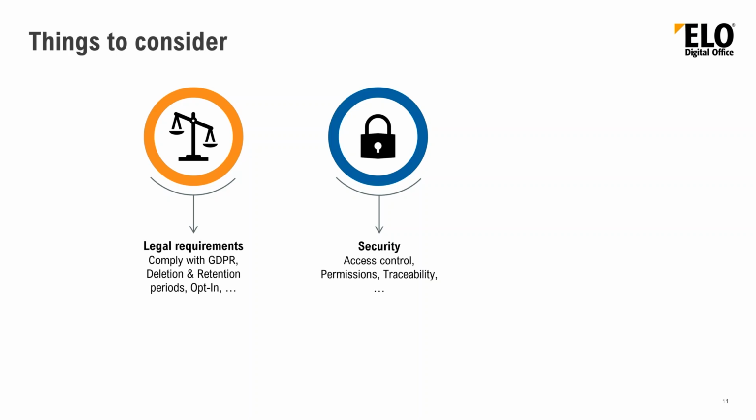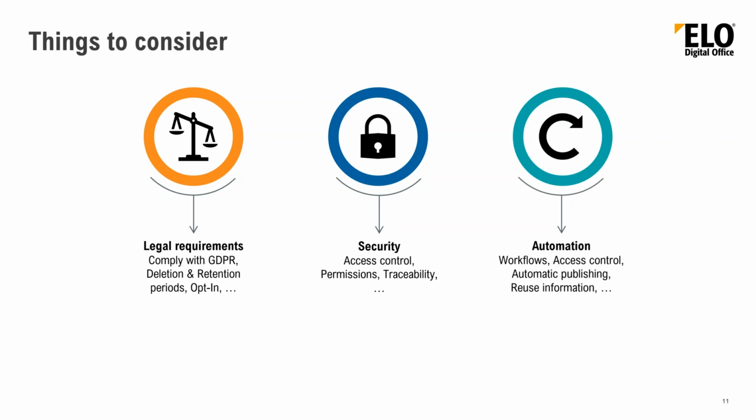And you have to be traceable, because you have to be able to tell who has done what and when with the personal information which you have stored in your application.